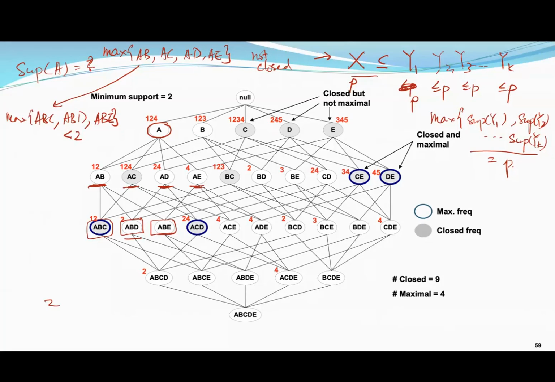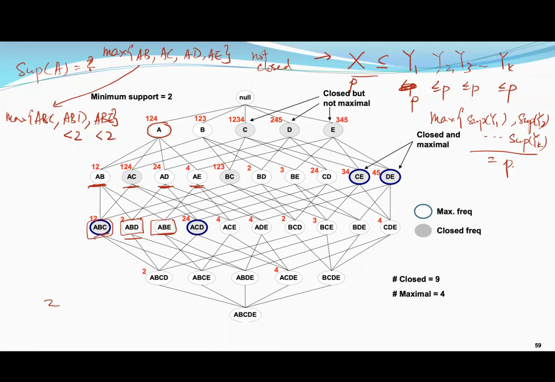Likewise, ABE is not frequent because this is not a subset of any maximal frequent item set. All right, so the support count of AB has to be less than 2 as well.